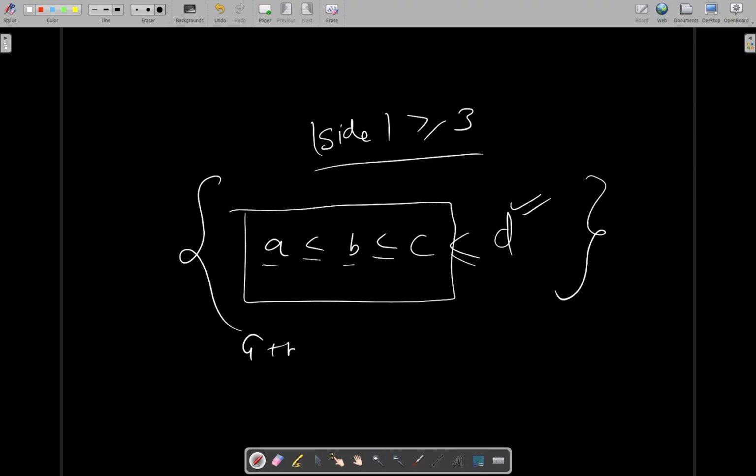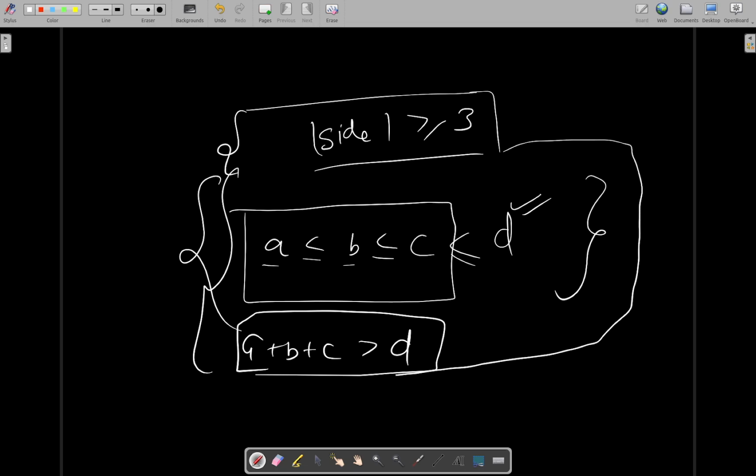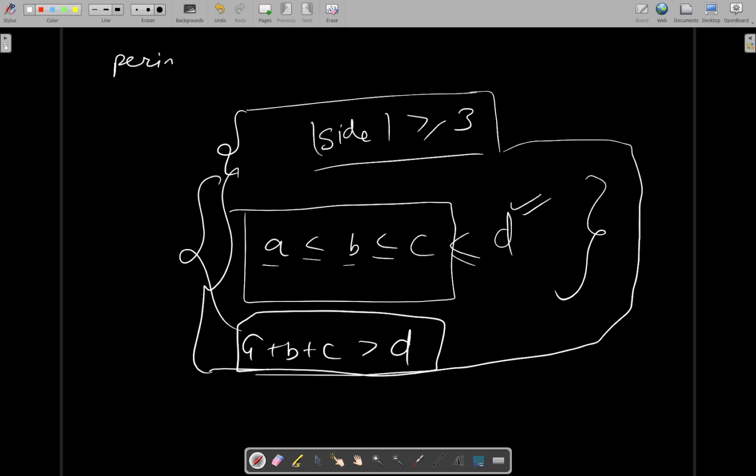So a plus b plus c should be strictly greater than d. These 3 conditions to be specific, the number of sides should always be at least equal to 3. So if these conditions are there, then you can say that this is a polygon, and the perimeter of a polygon is the sum of all the sides. So perimeter will be a plus b plus c plus d.